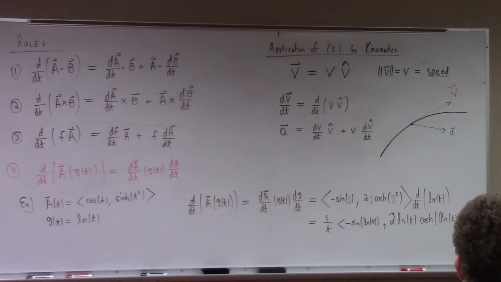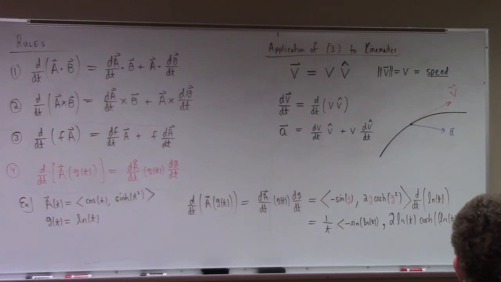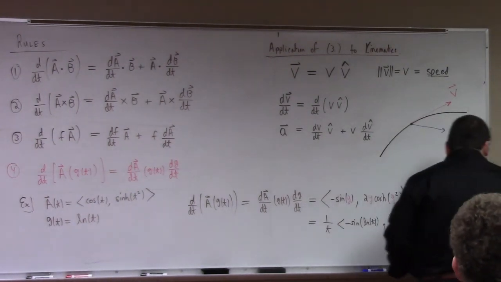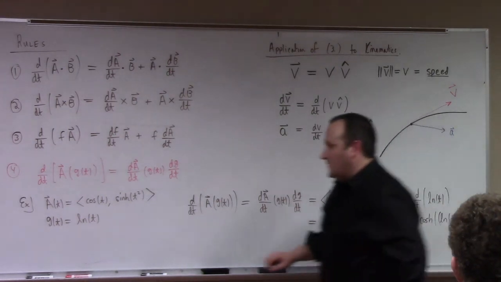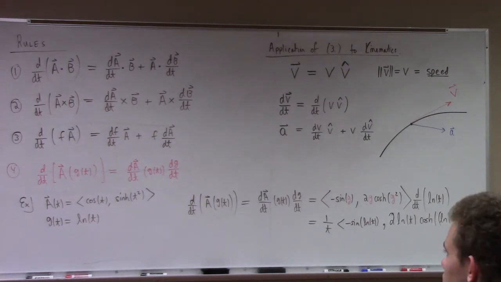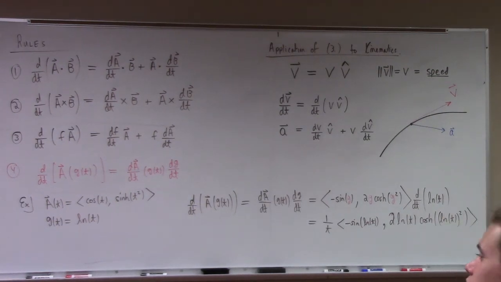There are 2 pieces to it, right? You can look at the orthogonal decomposition of the acceleration into a piece which is tangential and a piece which is perpendicular to that tangential direction. The tangential piece lines up in the direction of the velocity. It's the part that's the coefficient of v hat.